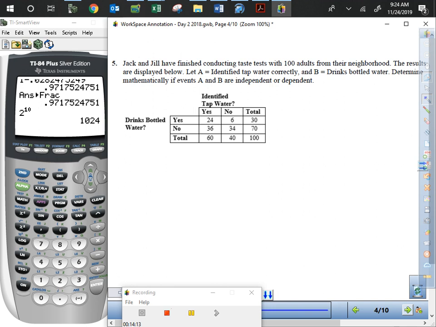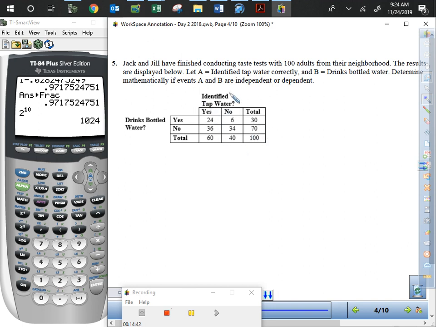Okay, so let's first read our table here. For drinks bottled water, there's a yes and there's a no. The total people who drink bottled water is 30. The total who don't drink bottled water is 70, for the 100.